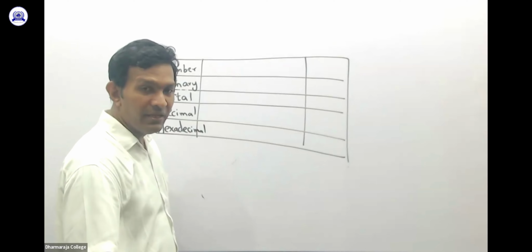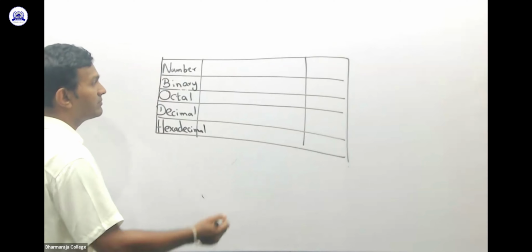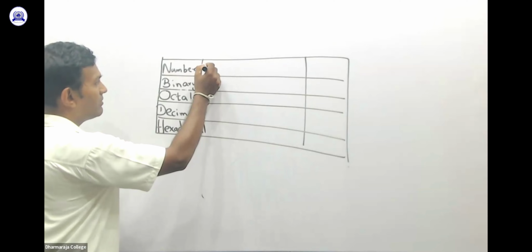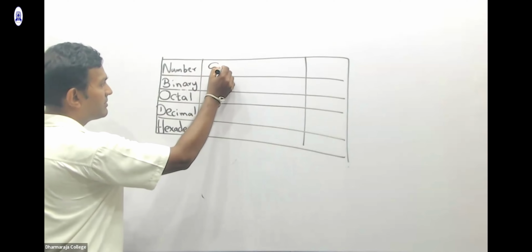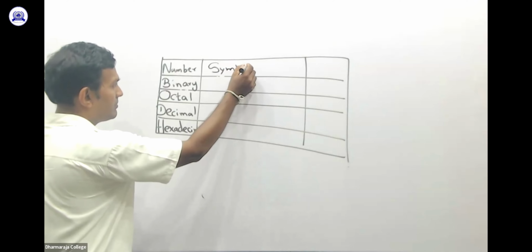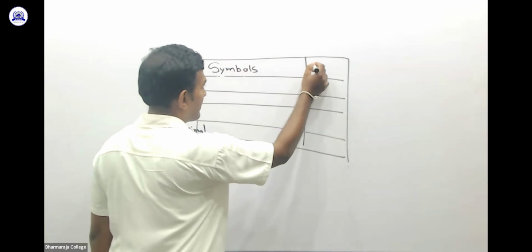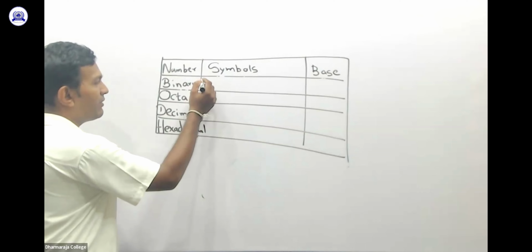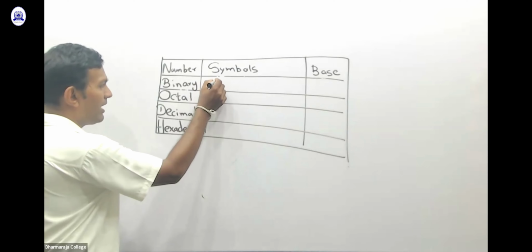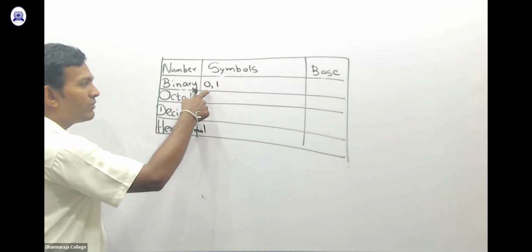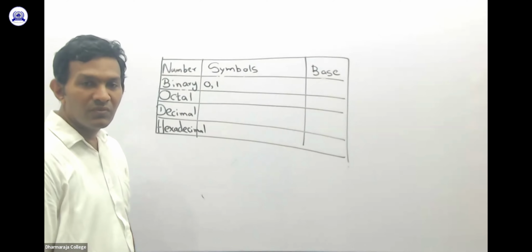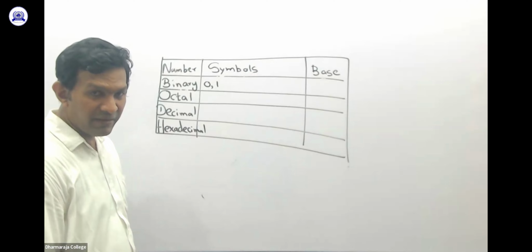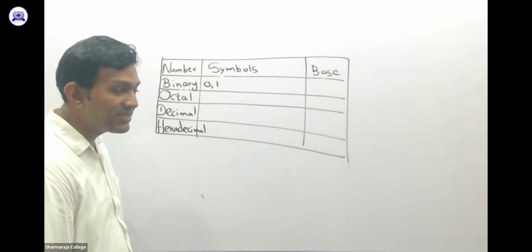Here you can see we have the symbols, and then the base. In binary, we have 0 and 1. If you count, there are 2 digits, 2 symbols, so the base is 2.